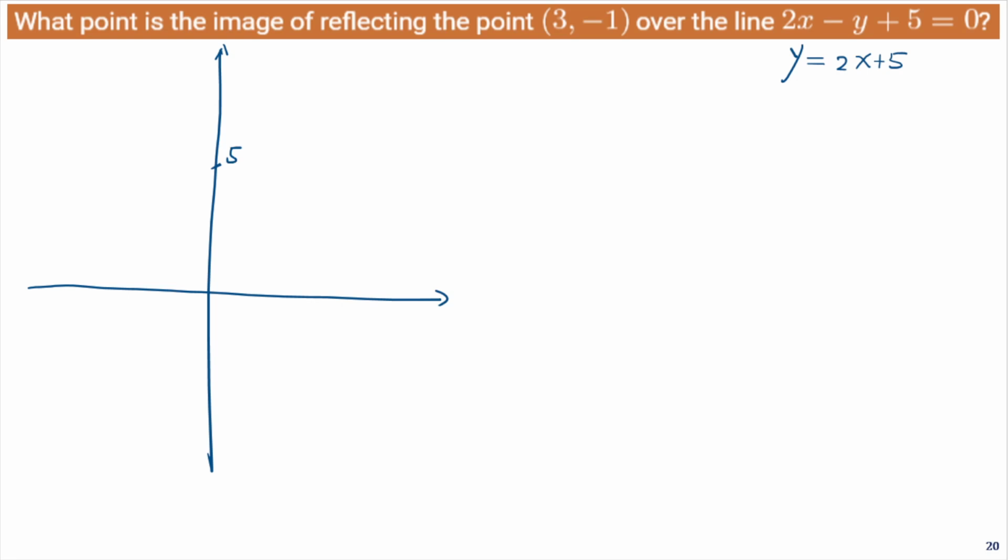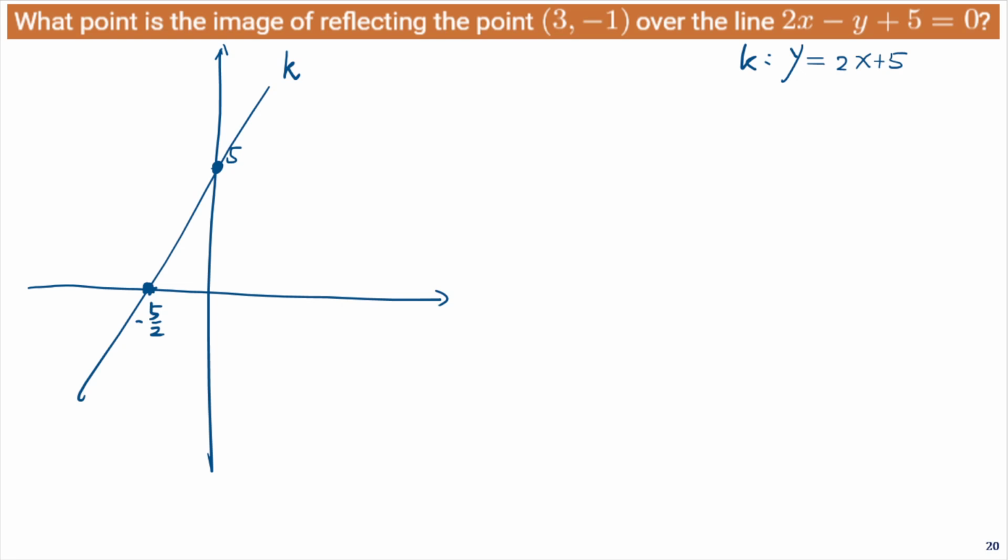And when y equals 0, x equals -2.5. It's probably somewhere here. So let's call this line L or K. Okay, this is line K.